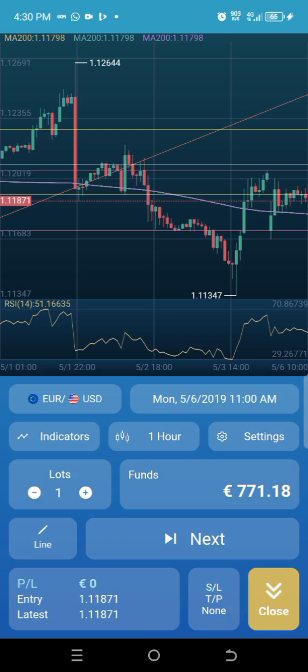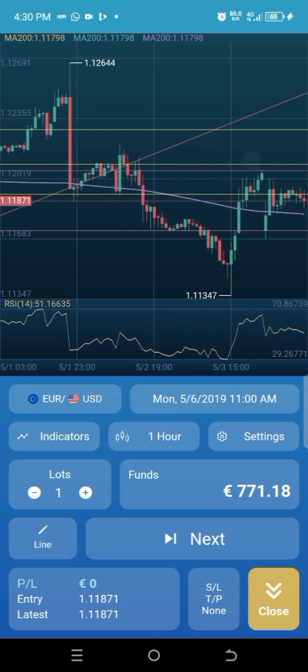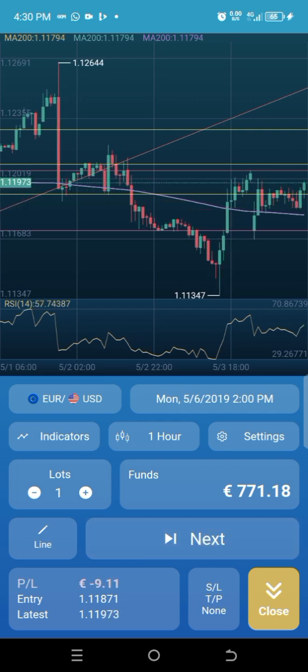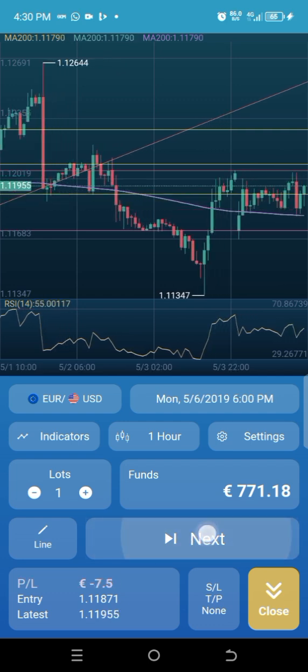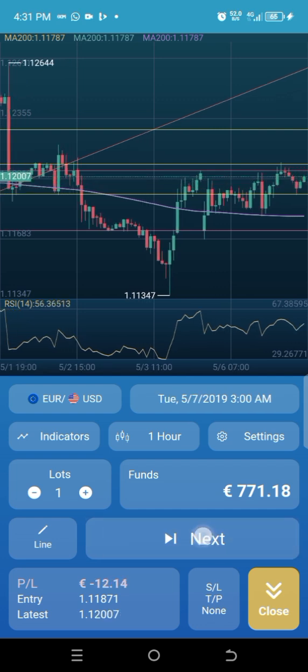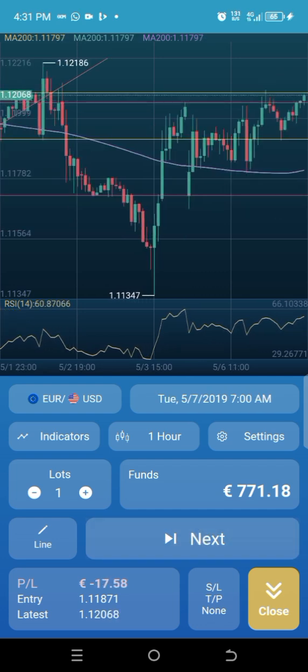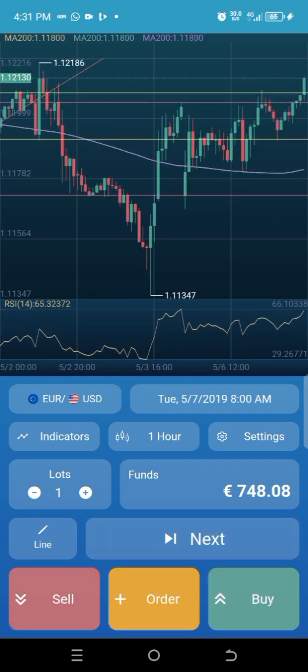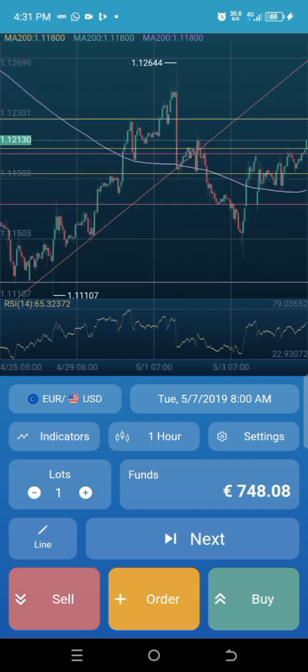Depending on where you find your personality, allows you to put your stop loss or your risk. Stopped out, which is okay. One more trade to go.